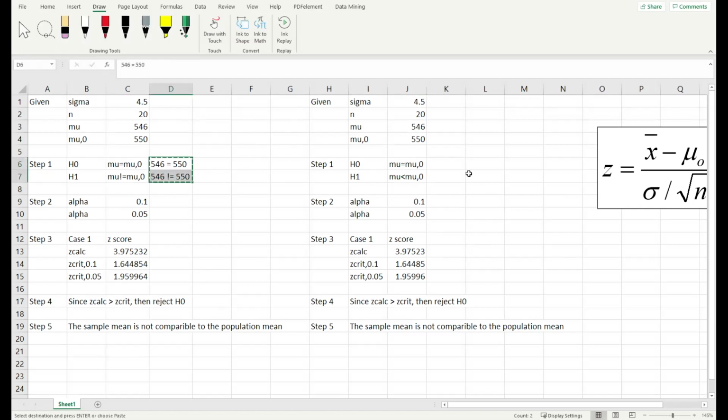Parang ganito yung sinasabi niyo. So obviously, yung 546 is obviously less than 550. Pero ang sinasabi natin is, is it significantly less than 550?